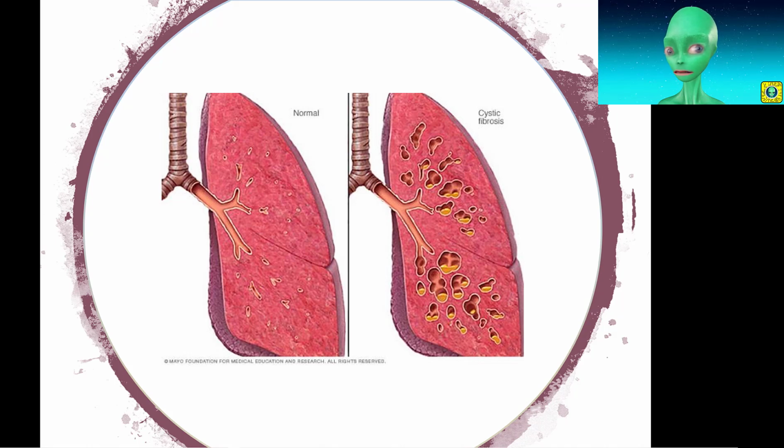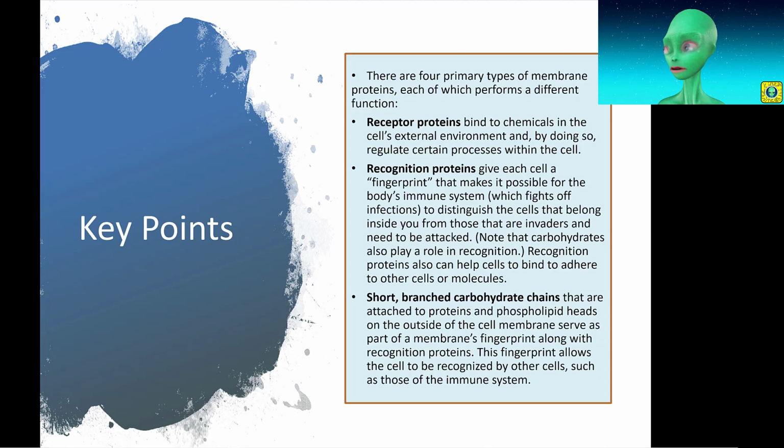So, summary: there are four primary types of membrane proteins, each of which performs a different function. Receptor proteins bind to chemicals in the environment. Recognition proteins give each cell a fingerprint. Short branched carbohydrates are attached to proteins and heads outside of the membrane that serve as part of the fingerprint along with recognition proteins.